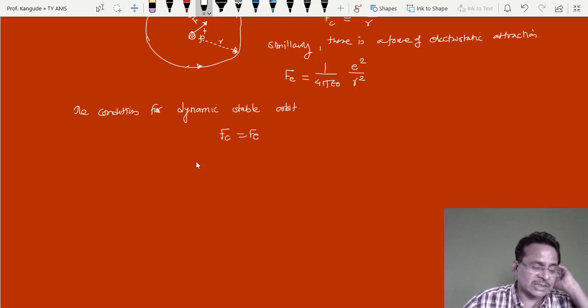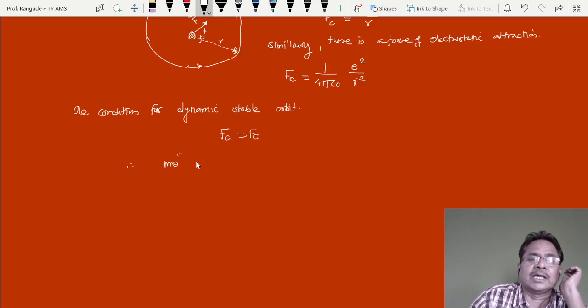So using the relations I have written earlier, I can write mv square upon R is equal to 1 upon 4 pi epsilon 0 times E square upon R square.